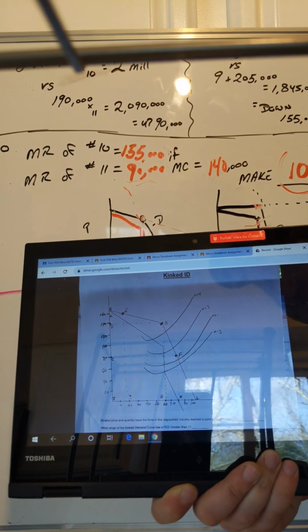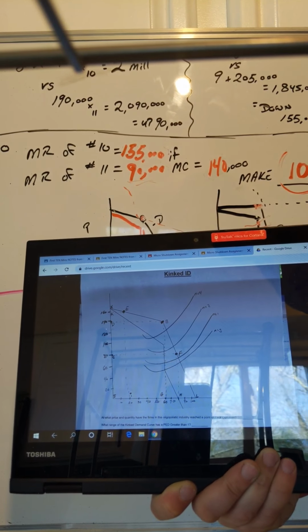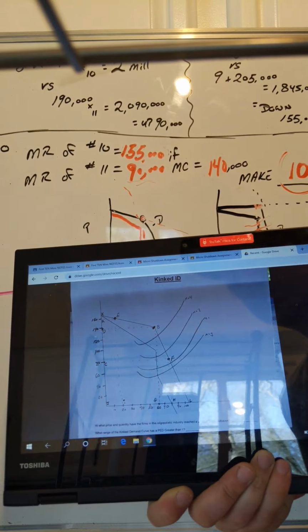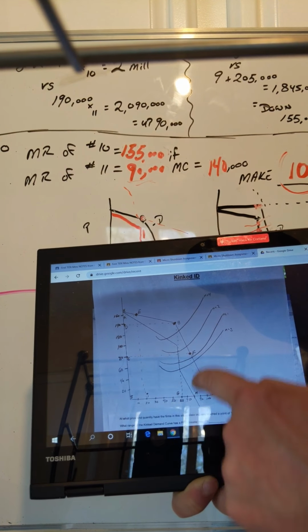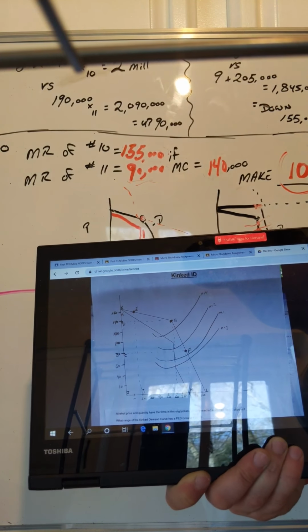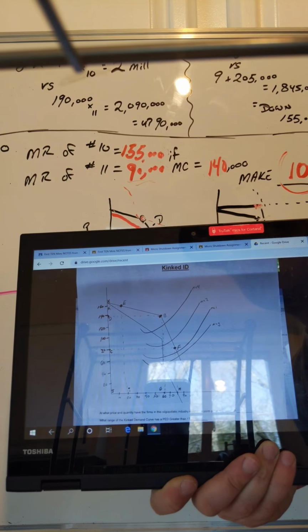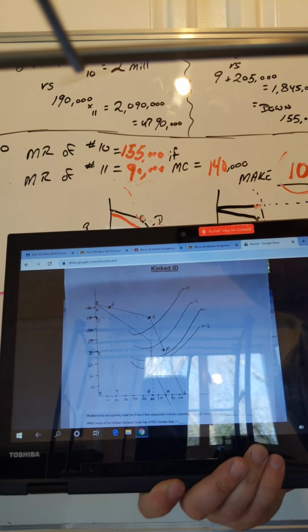And if you decided to lower your price, you're going to end up with CFHG. CFHG. Okay, so it's a little bit wider, but much shorter of a box.